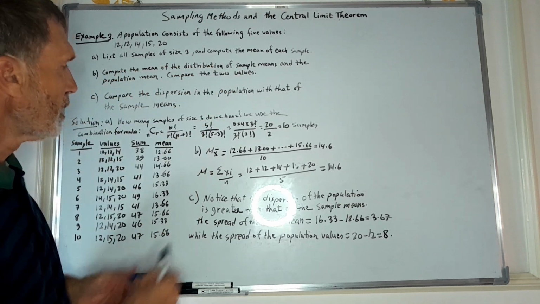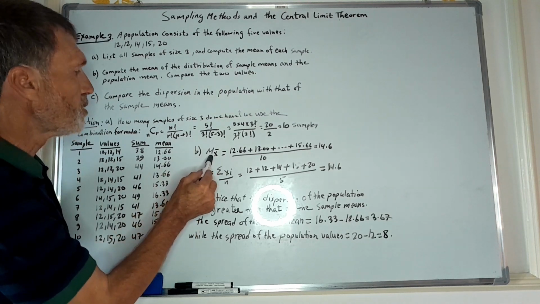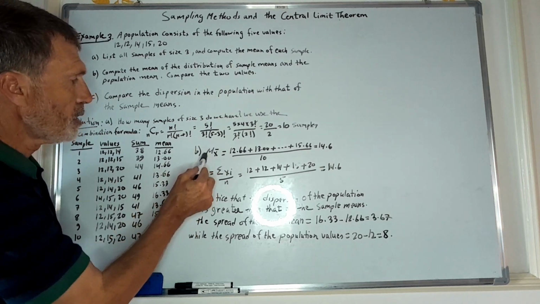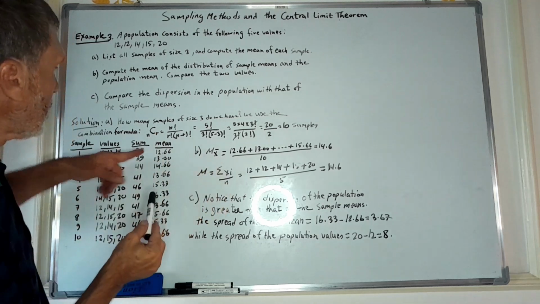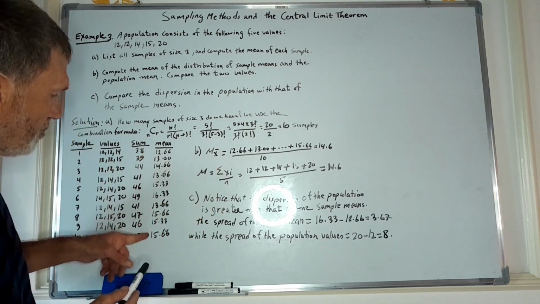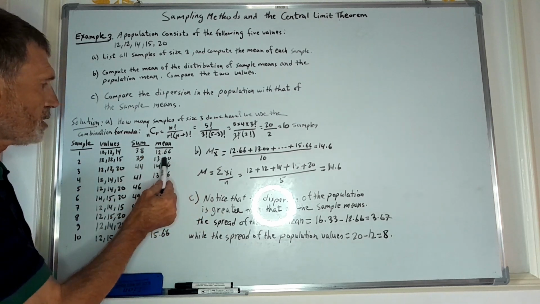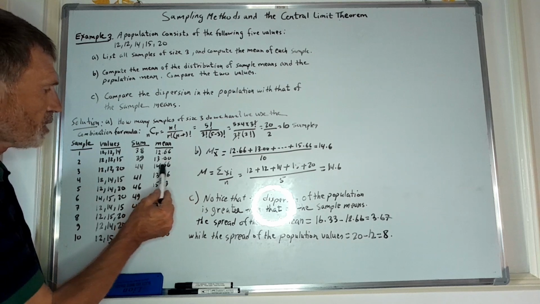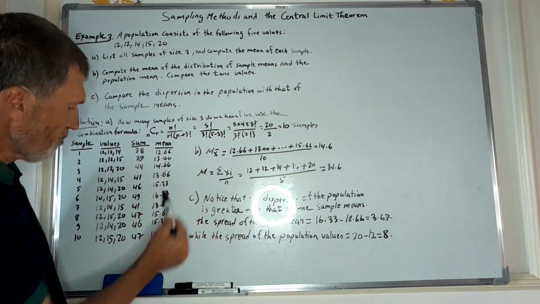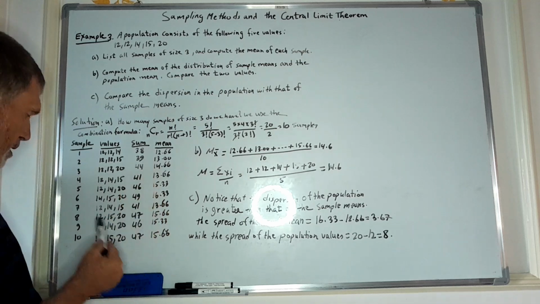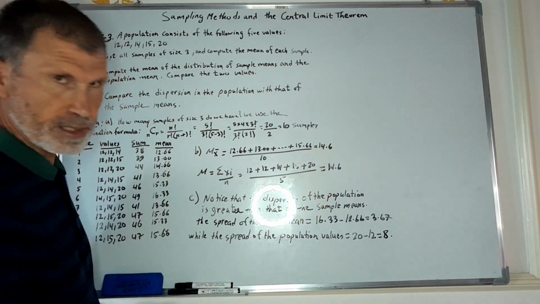Of course, we designate the mean of the sample means by mu x bar, which is equal to the sum of all these means. So 12.66 plus 13 plus 14.6 all the way to 15.66, and we divide by 10 because we have 10 samples, and we come up with 14.6.